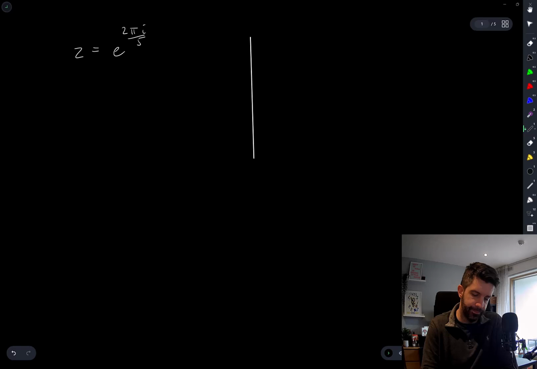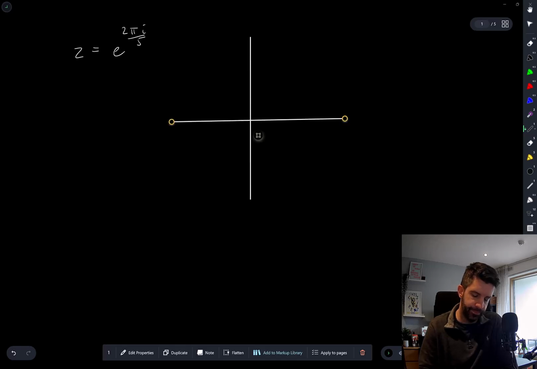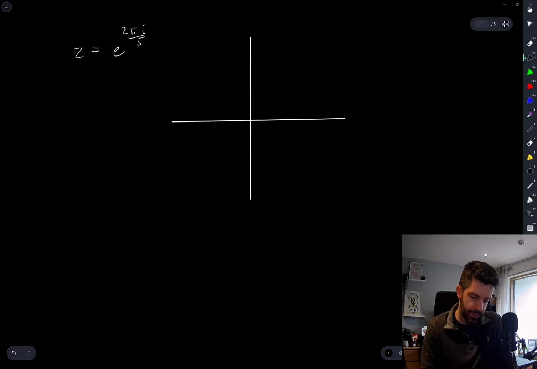then z is about here. So that's z. z squared, z cubed, z to the 4, and z to the 5.